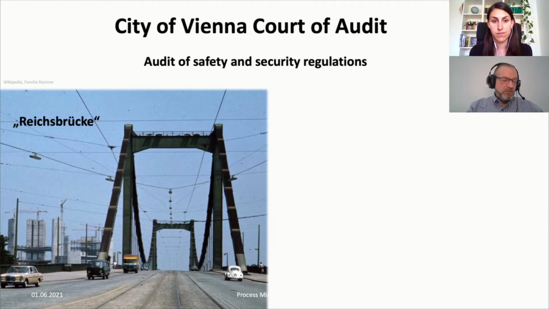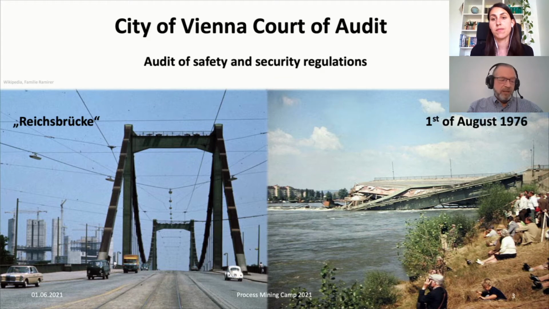It's the task of the audit of security and safety regulations. This part is the audit of these regulations at the municipalities in questions of the safety of human life or human health, in accordance with the authority assignments, infrastructure and facilities. This is a uniqueness among the Courts of Audit and audit departments of Austria, and it was due to the collapse of the major bridge crossing the Danube River, called Reichsbrücke, on the 1st of August 1976.